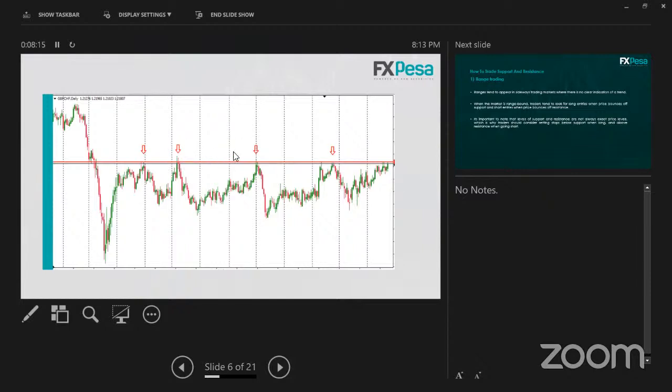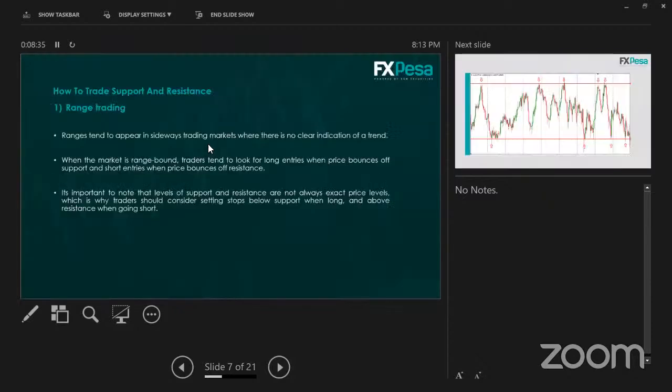So if there is supply, you become part of the sellers and sell the market. We are talking about resistance and support. How can you trade if you come across such a market on a chart or any trading platform? So, how to trade support and resistance.